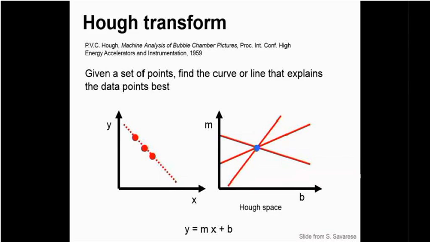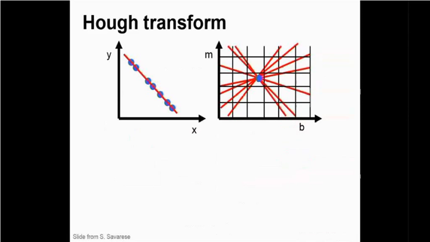So in practice, you have to accumulate votes. You grid the m and the b values, which means that you block them into discrete values. Every time you see a point, you count which cells the parameters for that point fall through. So for this point, I'm going to add 1 to this bin, and 1 to this bin, and 1 to this bin, and 1 to this bin, because each of those bins agrees with the set of parameters that fits that point.